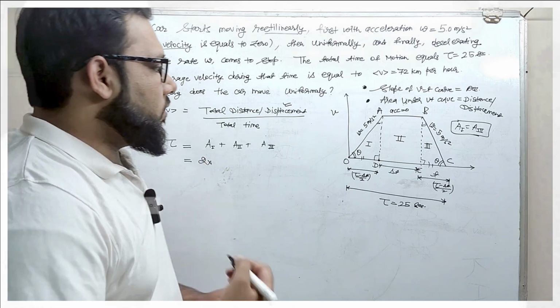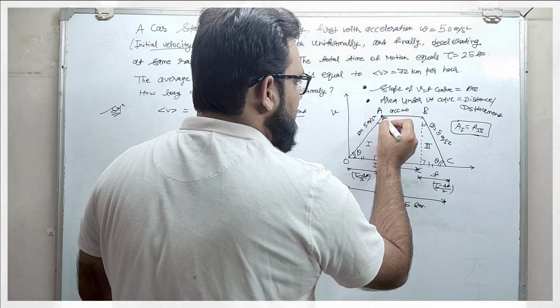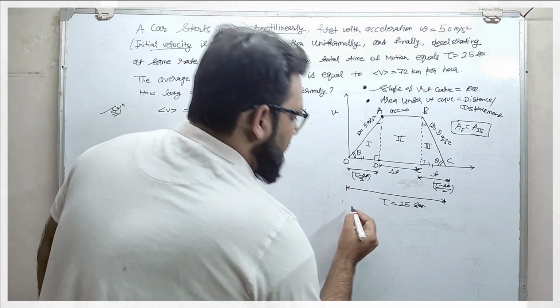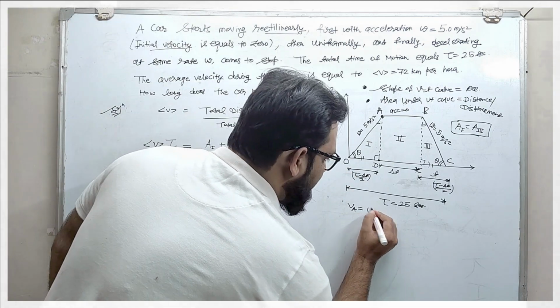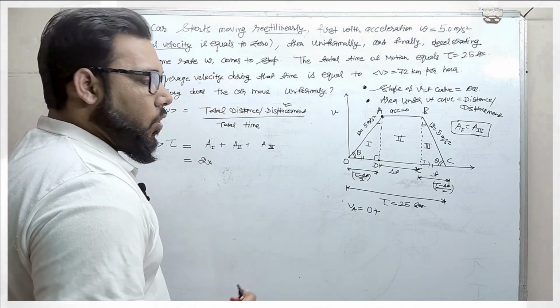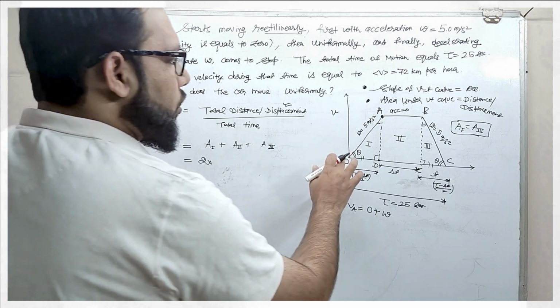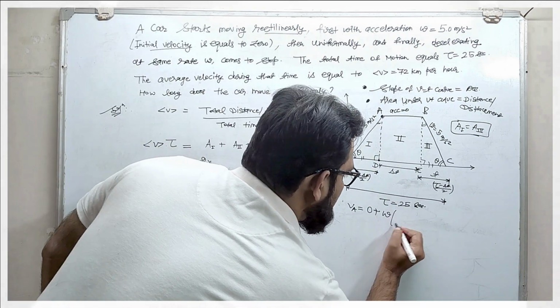Or we can find out the velocity of this point. Okay guys, how? The initial velocity is 0, so the velocity at point A is equal to the initial velocity, that is 0, plus the acceleration omega times the time taken from O to A, that is (tau minus delta t) by 2. Is it okay guys?